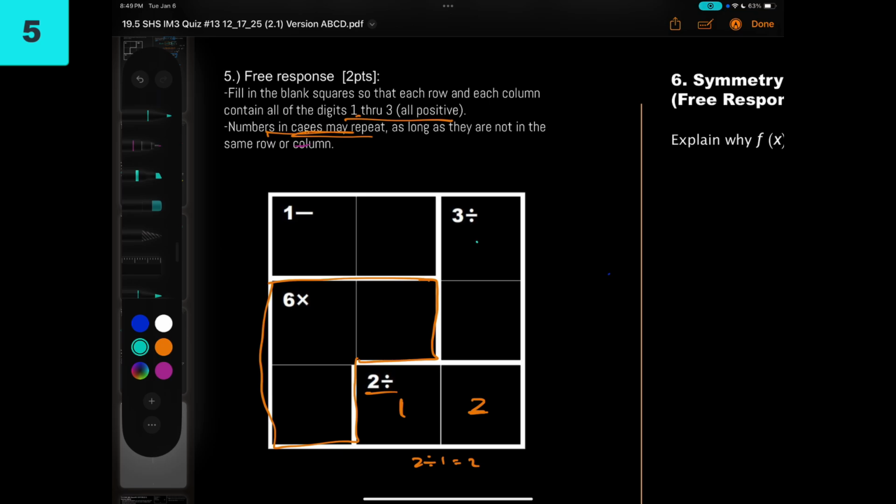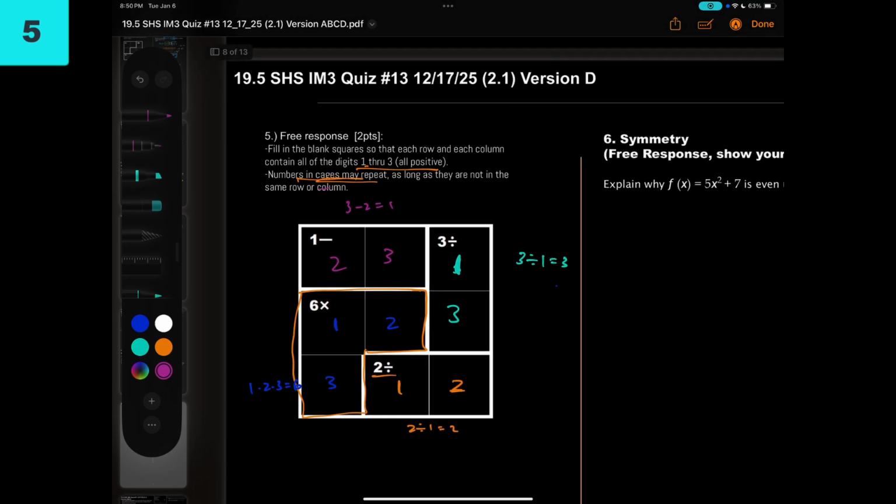Then 1 and 3, because 3 divided by 1 equals 3. Okay, let's try the harder one. So this would be 3, 2, and 1, because 1 times 2 times 3 equals 6. And then that works. 3 minus 2 equals 1. So that one works.